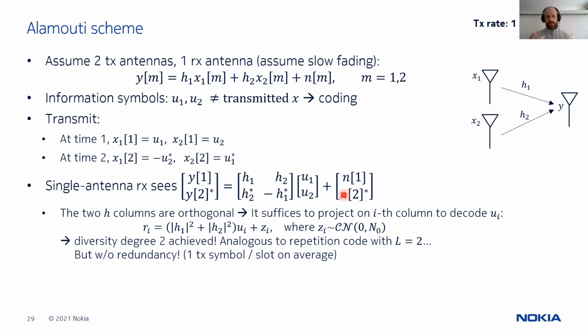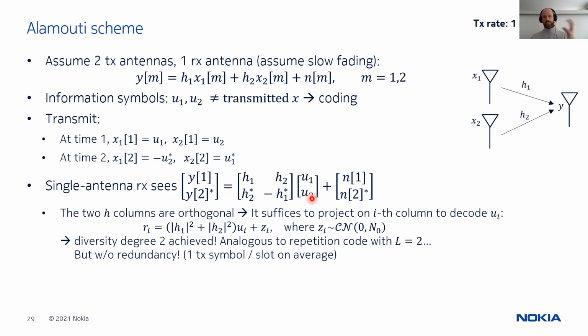If you rewrite this in matrix form, and you take out U1 and U2, which is actually what we want to decode, you get this matrix equation, where you will figure out that the columns are orthogonal. What you receive is column 1 times the first thing that you want to transmit, plus the second column times the second thing that you want to transmit.